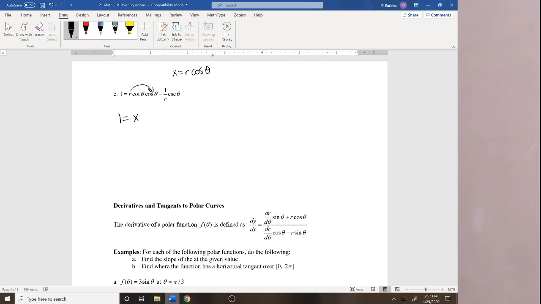So that's x, and then the cotangent. Cotan of theta is equal to cosine over the sine. And if we put in their counterparts, that would be x over r divided by y over r, or x over y.